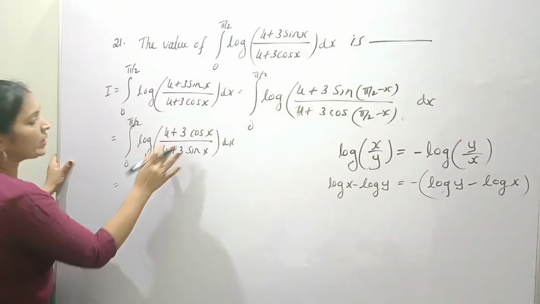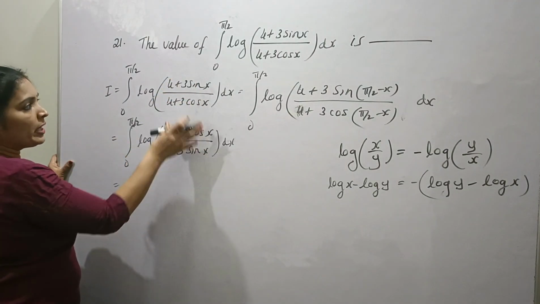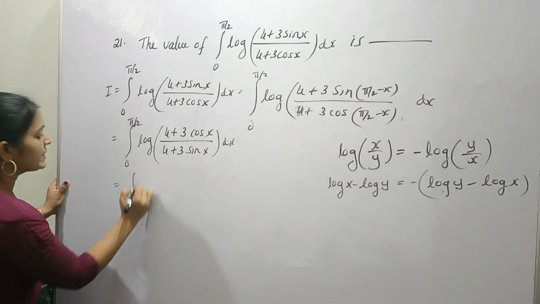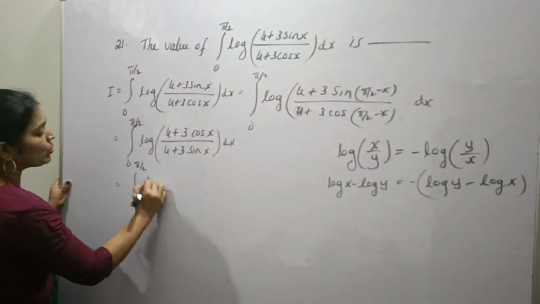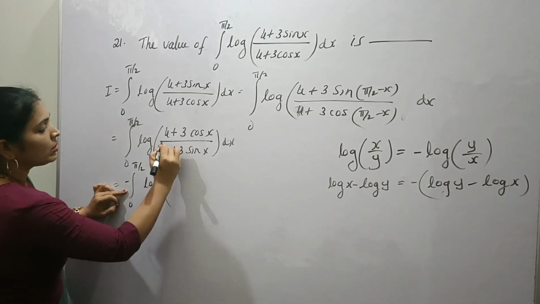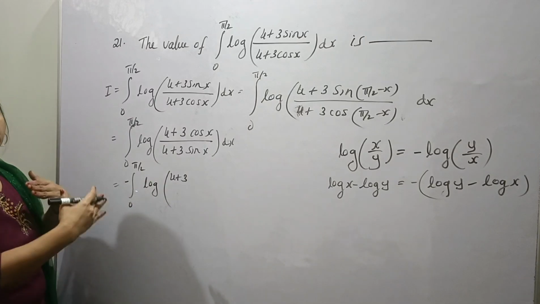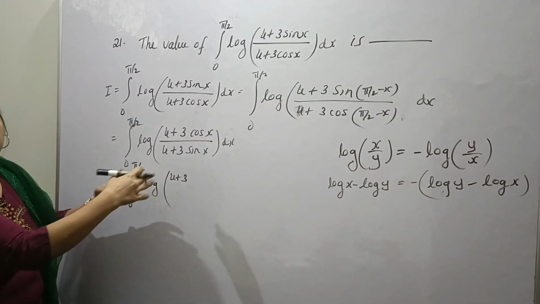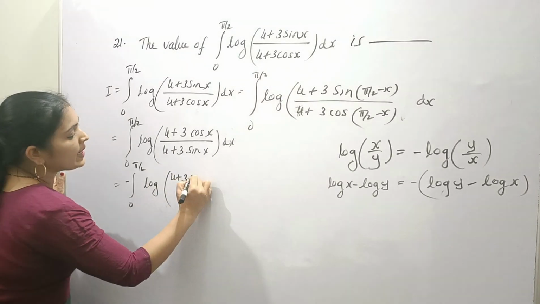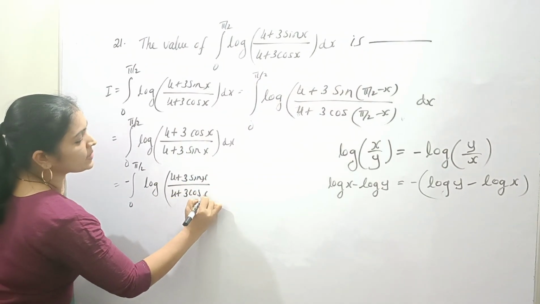Okay, therefore this one can be written as, see here, the numerator is in the denominator and the denominator in the numerator, right? So this one can be written as minus the integral from 0 to pi by 2 of log of the reciprocal, 4 plus 3 sin x divided by 4 plus 3 cos x.